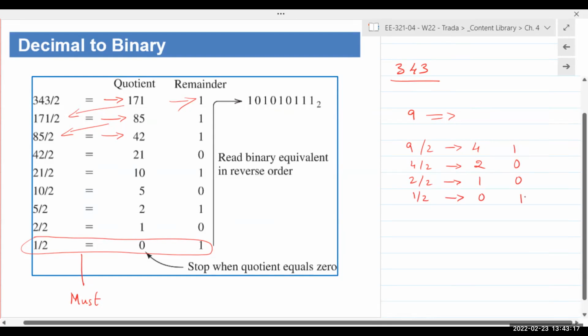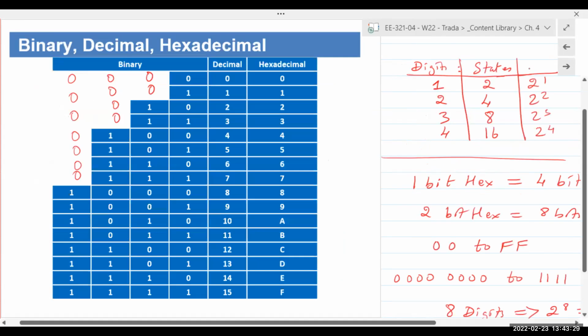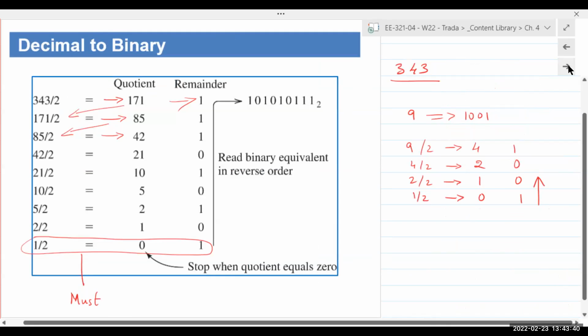You get 0, remainder 1. Then you read the remainders in the opposite direction, and you get 1001. If you go back to the table, you can see 9 is 1001. Think on it. Let me know if you have any questions.